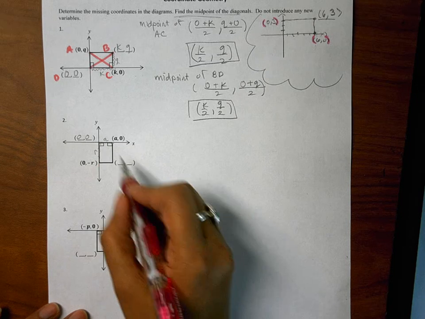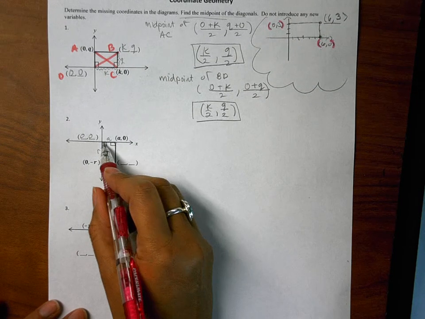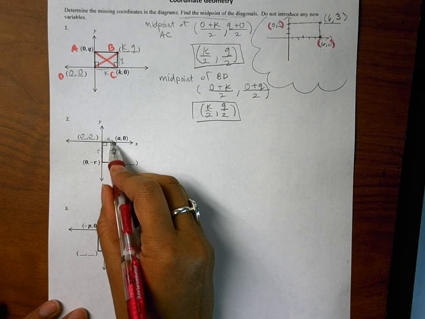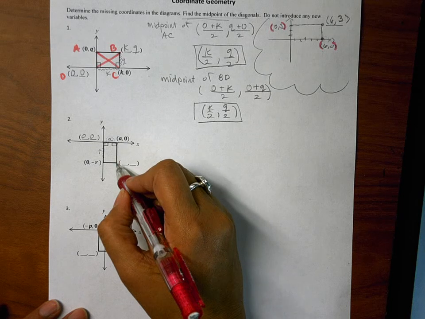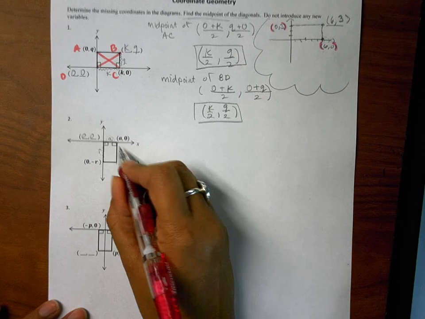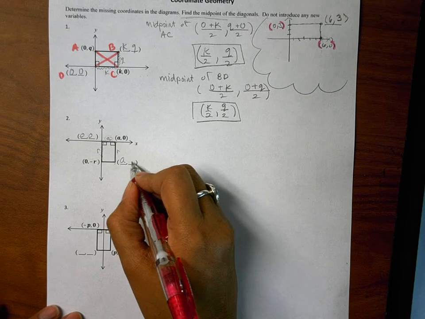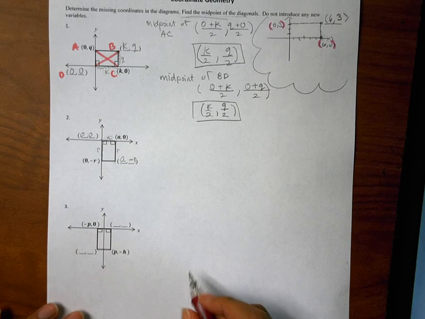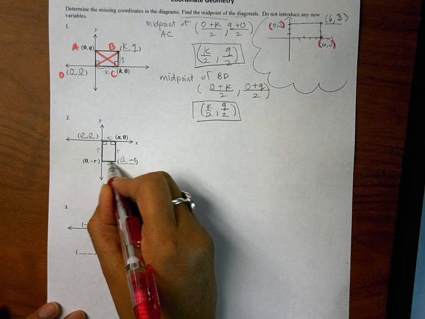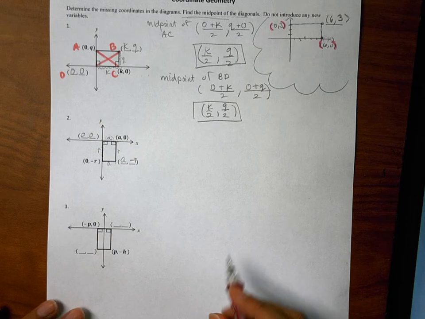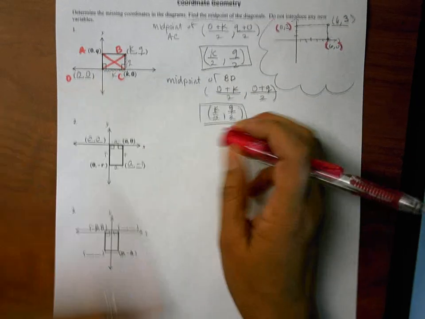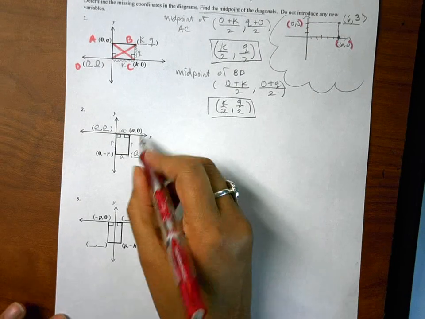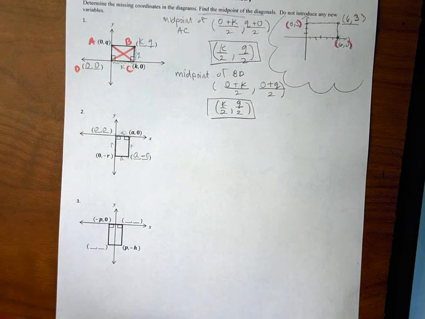For this corner here, I go to the right how far? A. And then I go down how far? R. That would be A, comma, negative r because it's going down. Again, the length here is a, and then negative r. And let's go ahead and label these A, B, C, D.